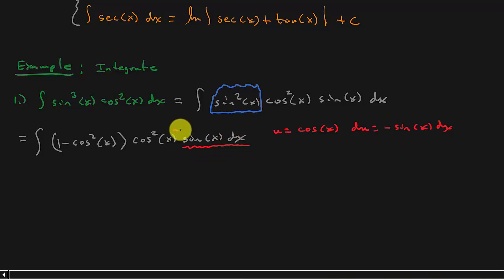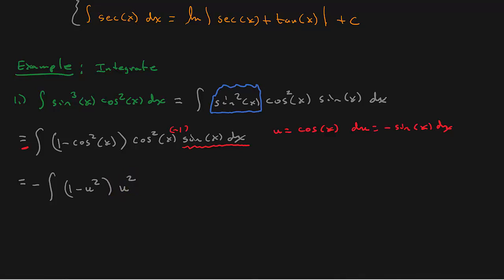So I can multiply by -1 to get the negative sine x. And if I multiply by -1 in here, I need to come out here and multiply by -1, and that's the same thing as multiplying by +1. And so this is going to give me negative 1 minus u squared, replacing cosine with u, and then that's times u squared.